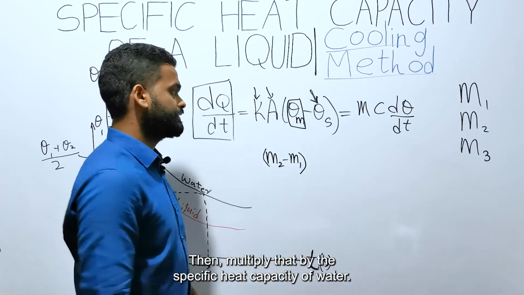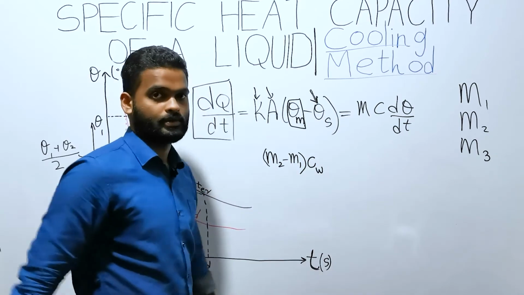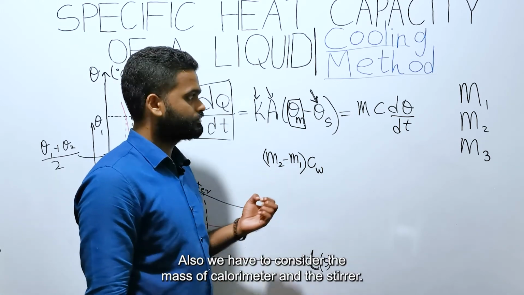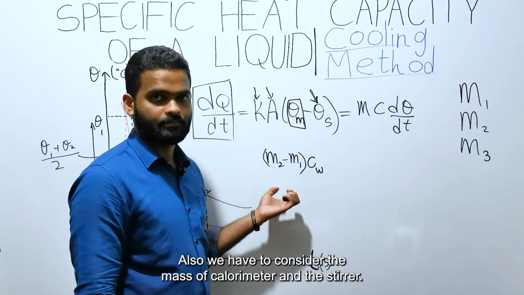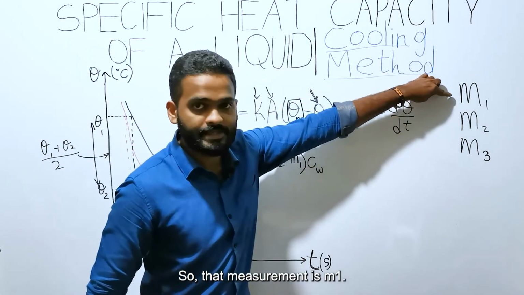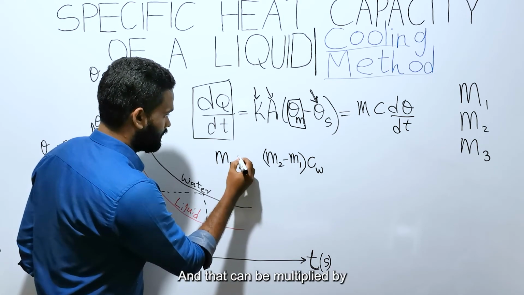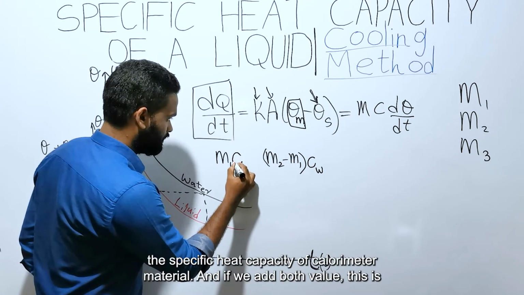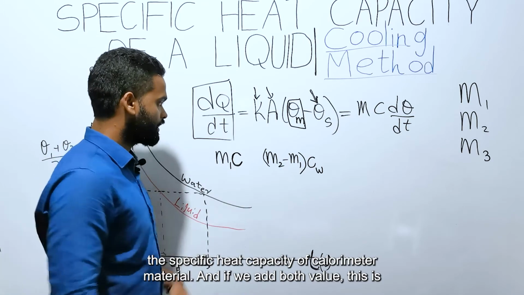Then multiply that by the specific heat capacity of water. Also, we have to consider the mass of calorimeter and the styro. So that measurement is M1, and also that can be multiplied by the specific heat capacity of calorimeter materials.